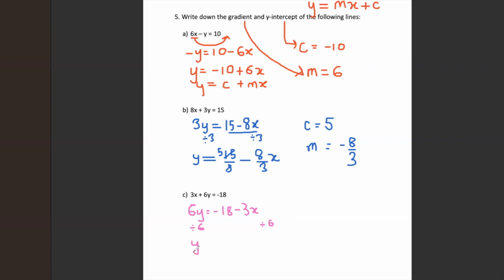So y equals minus 18 divided by 6, which is a minus 3, and minus 3 divided by 6 is a half. 3 over 6 is a half, times x. So c, or y-intercept, is minus 3, and m is minus half.